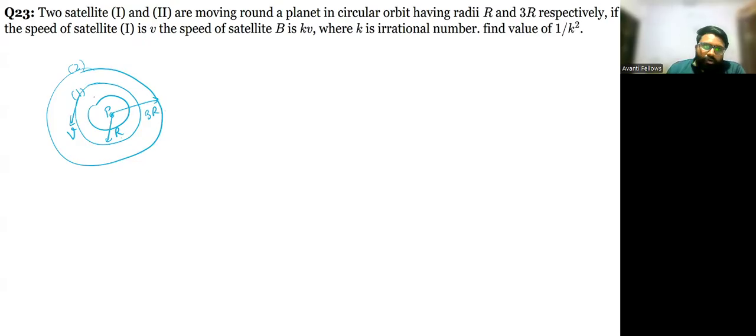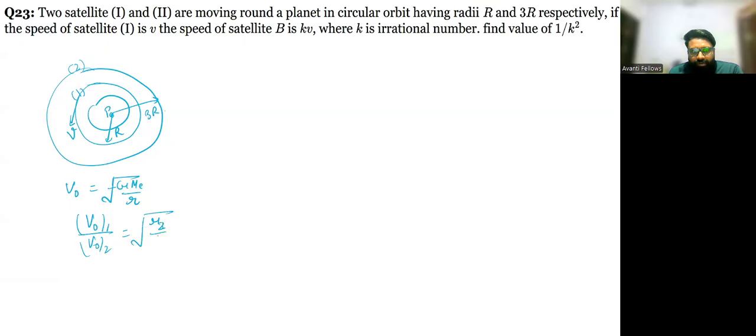So we know that in the orbit they are moving with the orbital velocity. So v orbital is nothing but square root of GM upon small r. So we know that VO1 by VO2 is nothing but root R2 upon R1, because it's inversely proportional to the square root of the radius of the orbit. So VO1 is nothing but V, VO2 we need to find out, which is given as kV.